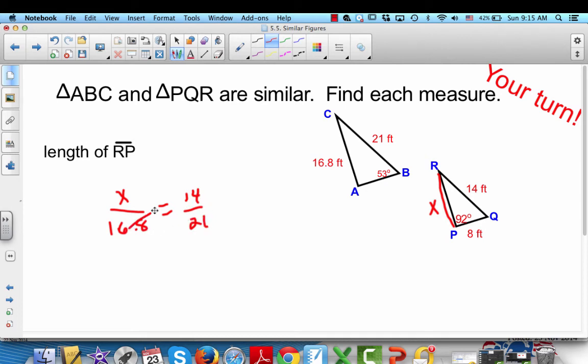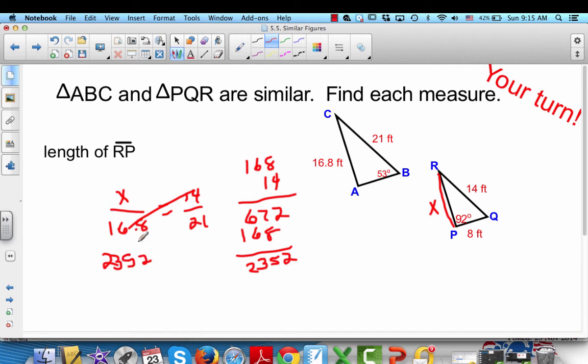So I go 14 times 16.8. I don't think I remember what that is. So we go 168 times 14, and that gives us 2352 with 1 decimal place equals 21x.